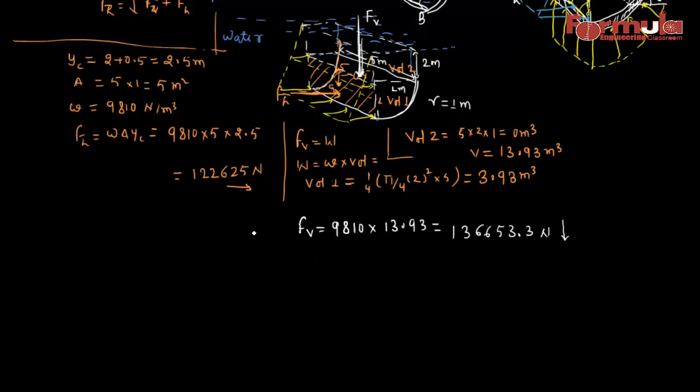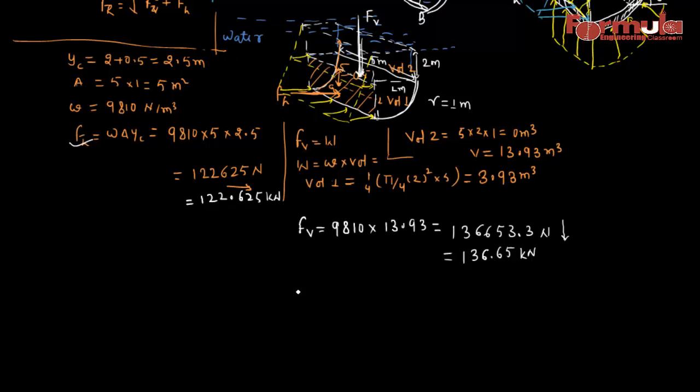So we get the horizontal force, that is 122,625. Let me convert these into kilonewton so it's easy. So this is 136.65 kilonewton, and this is 122.625 kilonewton. Now we want to calculate the resultant force.